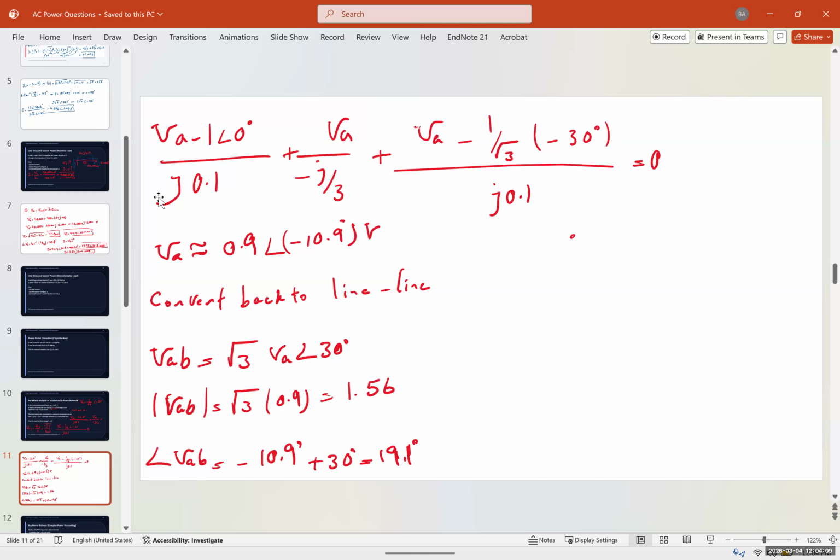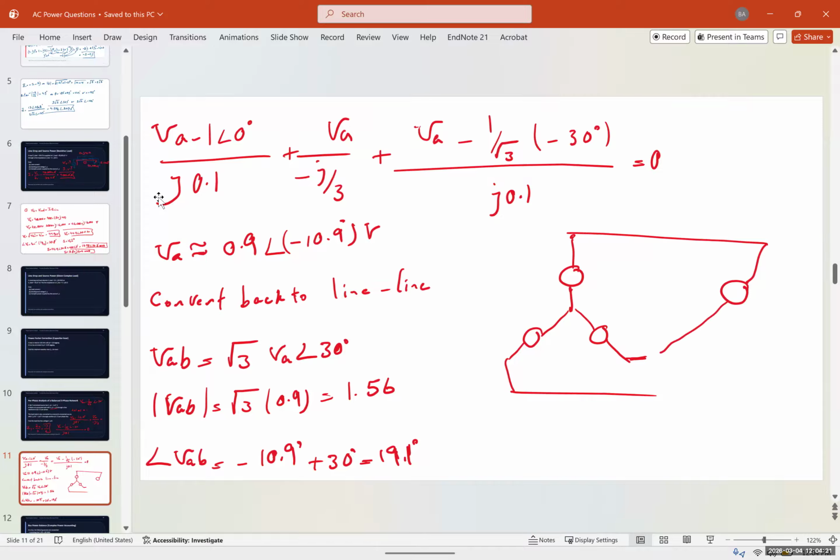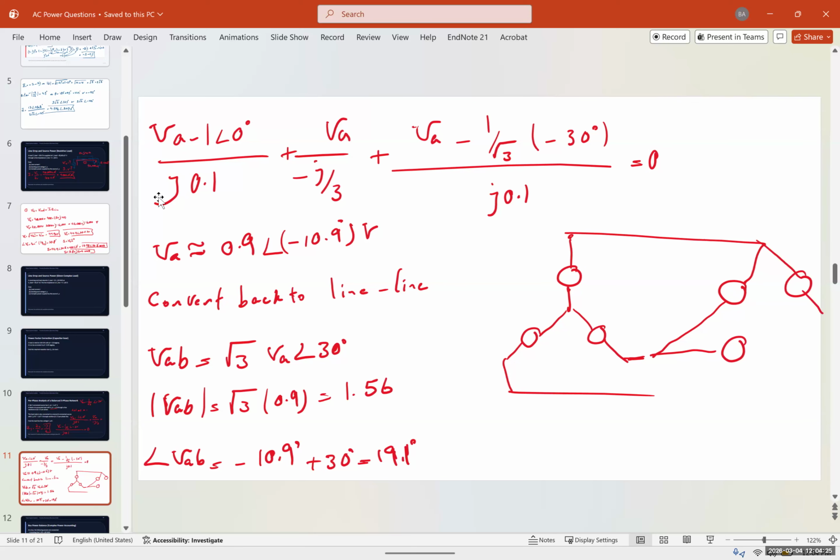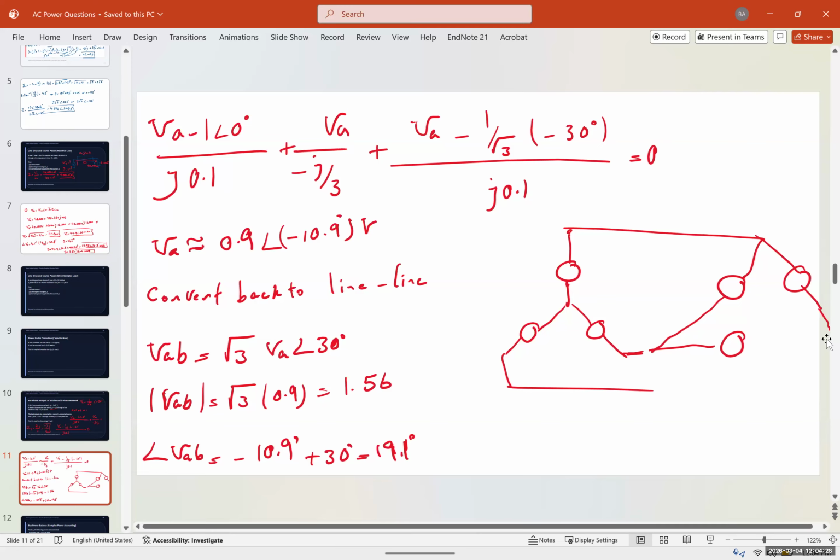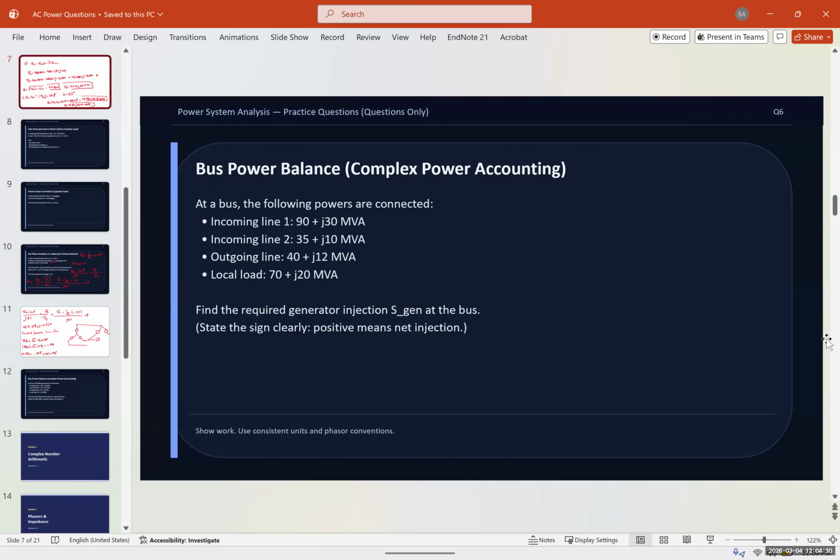So what we had, and I'm going to just briefly put in what happened here, is that we had this three-phase generator that is connected to a delta connection, okay? So when it's connected to a delta connection, what we have to do is convert all the delta to Y and all the Y's to delta.